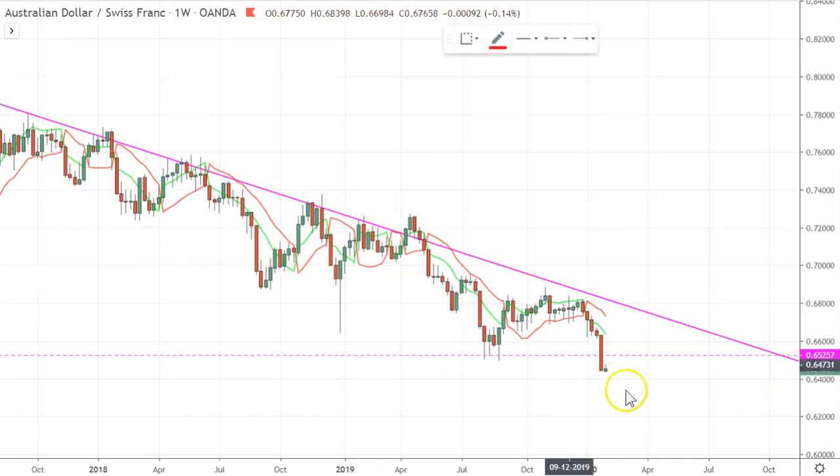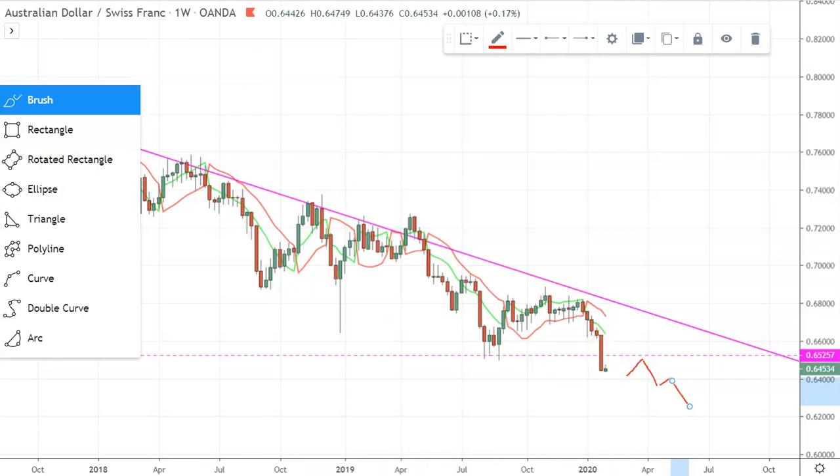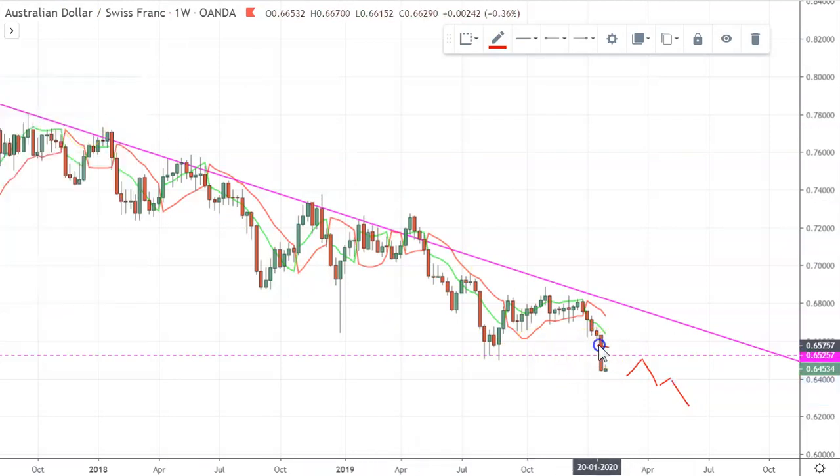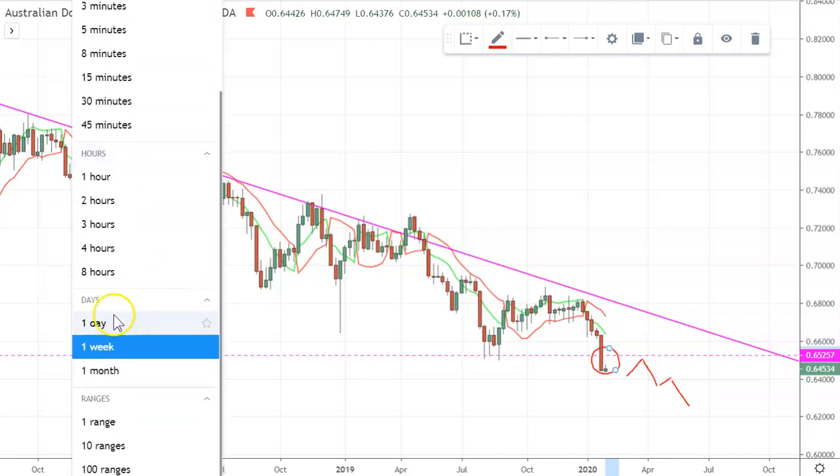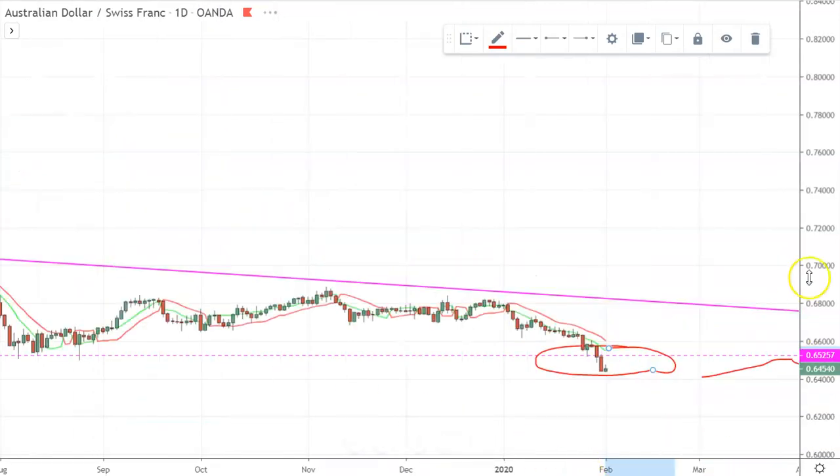Very simply put, this could either go one of two ways: retest and then some more of this, or this week form an engulfing candle in and around this area, and I'd be looking for an engulfing candle in there, maybe on a daily, a 4-hour, whatever takes your fancy.